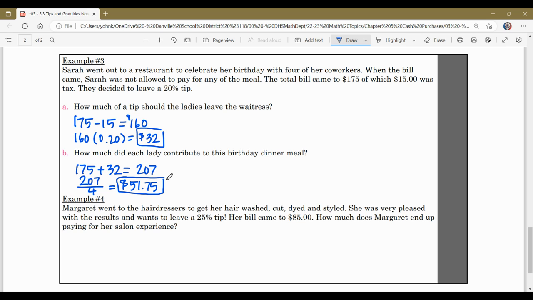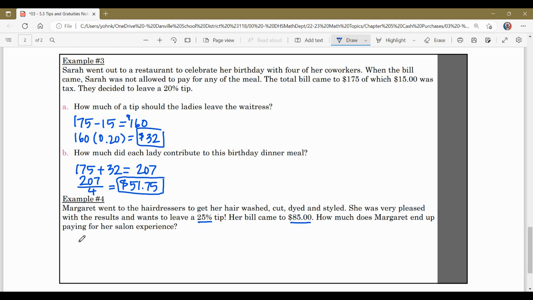Okay, number 4. Margaret went to the hairdressers to get her hair washed, cut, dyed, and styled. She was very pleased with the results and wants to leave a 25% tip. Her bill came to $85. How much does Margaret end up paying for her salon experience?